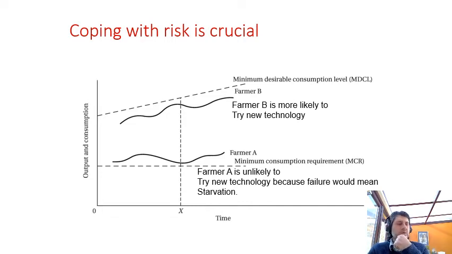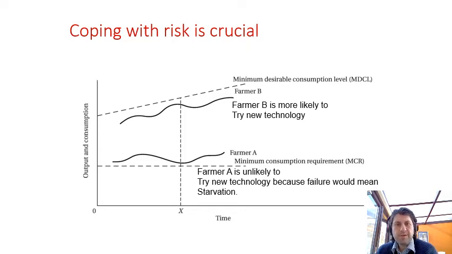Asking them to try out a new technology is virtually impossible, because if they have a bad crop, they die, and therefore the game for them ends. And so their tolerance of risk is very, very low. In fact, minimal. So they're much less likely to try a new fertilizer, even though that might increase their productivity and shift them away from subsistence farming.